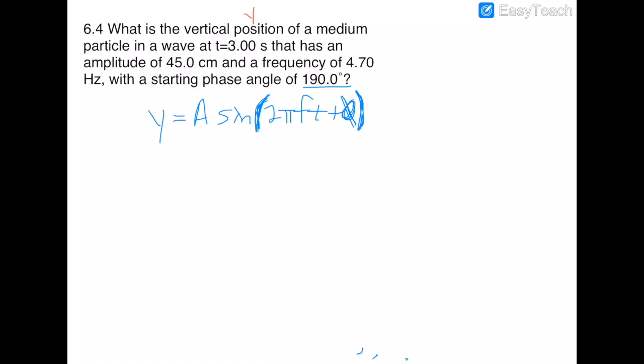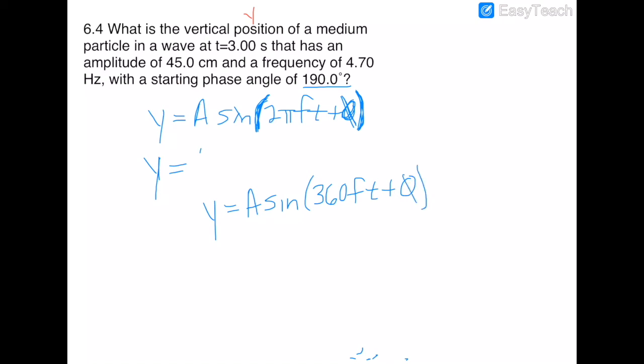Okay, I can rewrite this equation like this: y equals A times the sine of, instead of 2 pi, I could do 360 degrees, f t plus the starting angle.